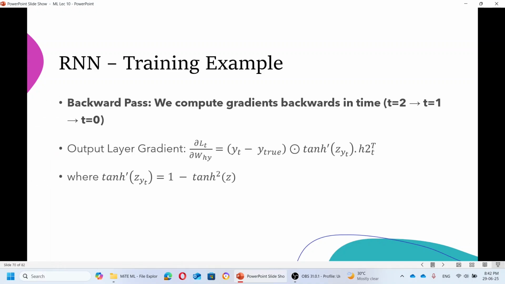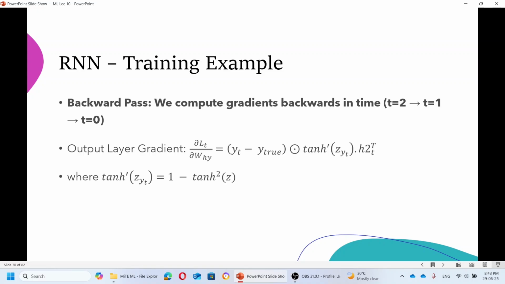Now the backward pass starts. This is again very much similar to CNN, but we have to do it at t is equal to 2, t is equal to 1, and then t is equal to 0. We start from t is equal to 2, the final one. So what is the value of the output gradient at t is equal to 2? It is simply delta L_t over delta W_hy, (Y_t minus Y2) Hadamard product, which is simply the multiplication of the two array or matrix values with corresponding elements, and the derivative of tanh with respect to Z_y_t, and H2_t transpose.